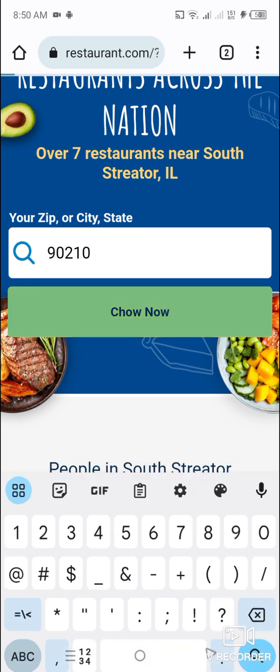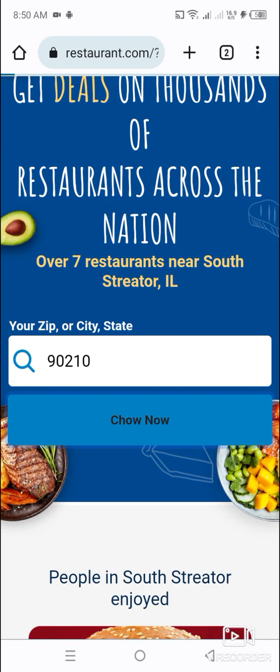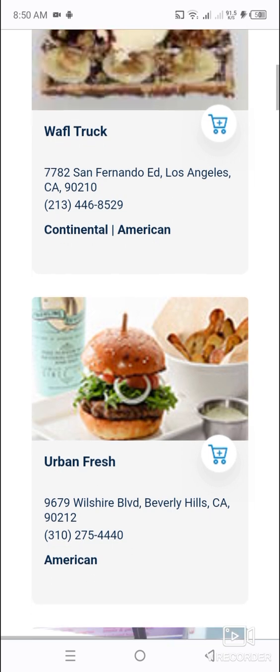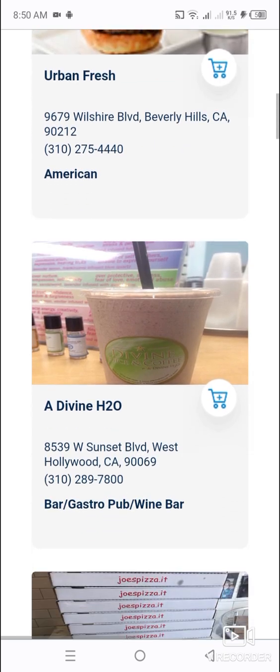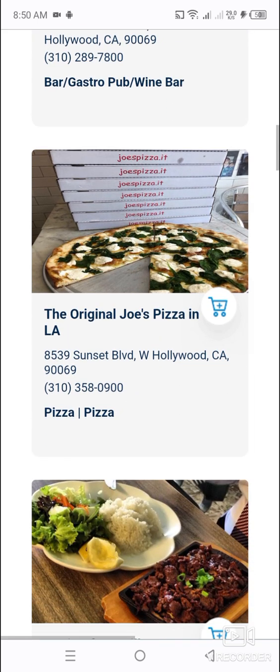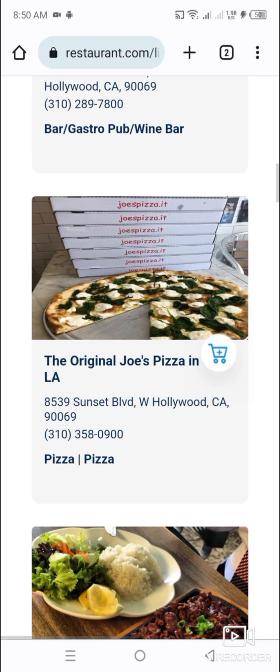When we click on Chow now, it will give us the result of all the partner restaurants of restaurant.com under the zip code 90210. When we click on a particular restaurant, say for example the Original Joe's Pizza, let's go ahead and click on this one.